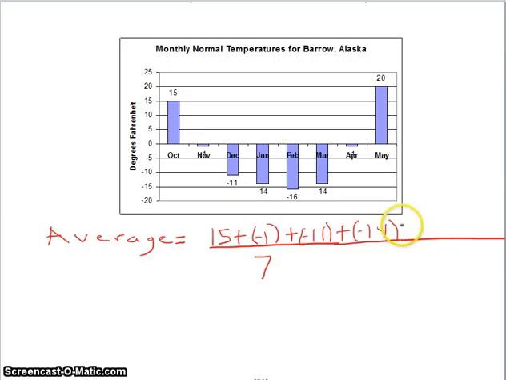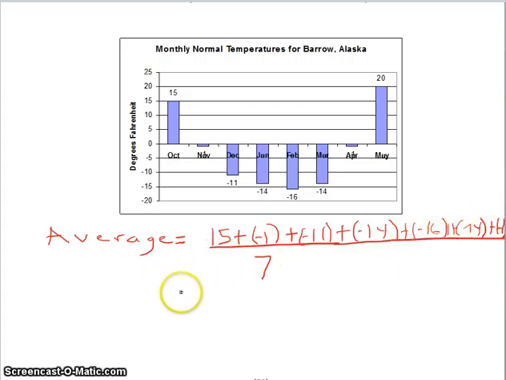We have February, which is -16. We have March, which is -14. And we have April, which is a -1. Now the -1 may not show, but you could put plus, and then this would be -1. It's a little off of the screen, but you all can add that in.